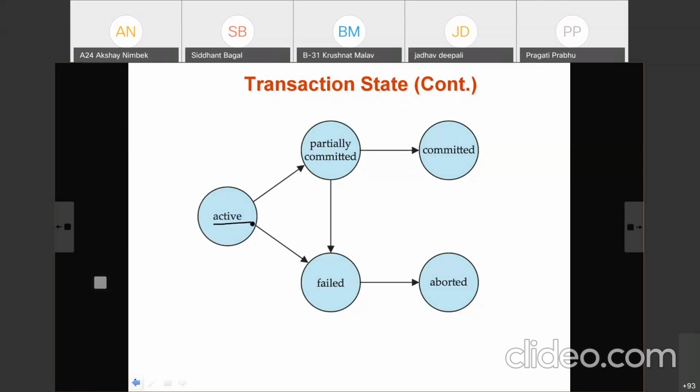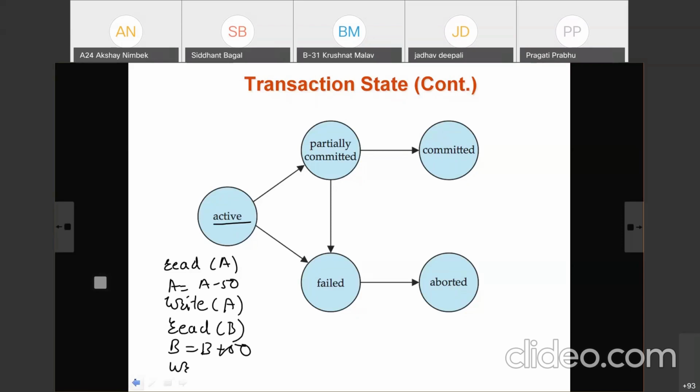So in our case, when the transaction reads A, A is equal to A minus 50, write A. Read B. Then B is equal to B plus 50, and the last, write B. So during the execution of all these instructions, from here to here, the transaction is in the active state.